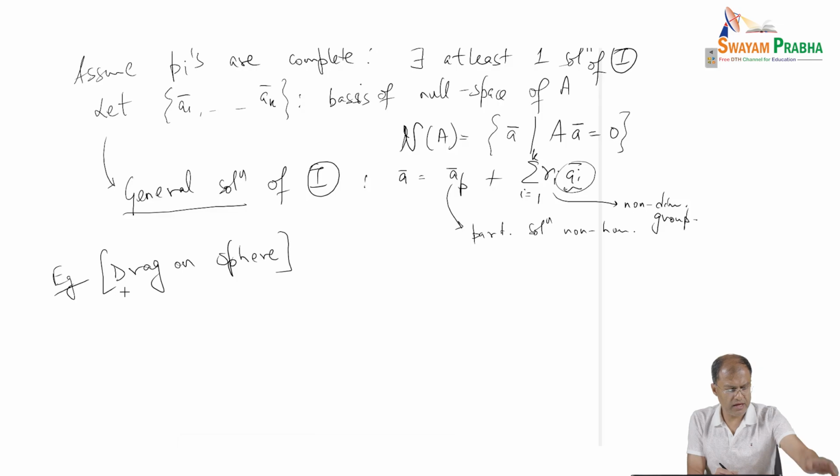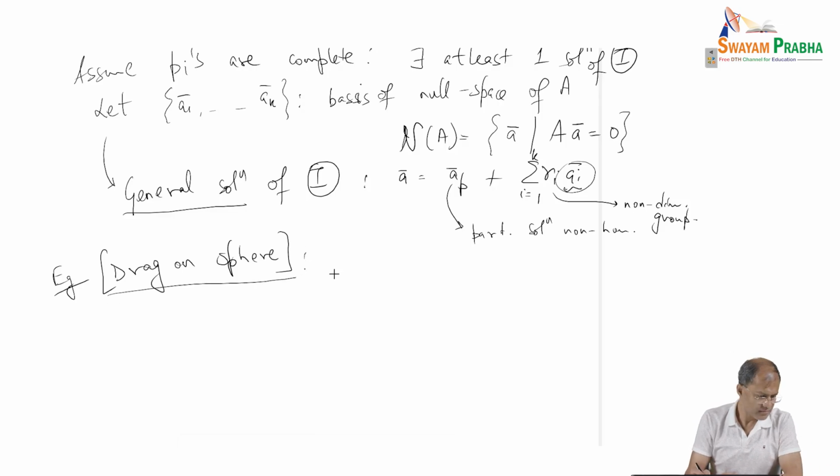So we are revisiting the case of the drag on a sphere. We go back to the equations equating the length, the time and the mass, and we see the following matrix-vector formulation.